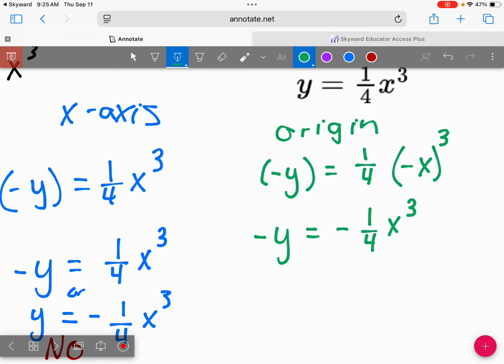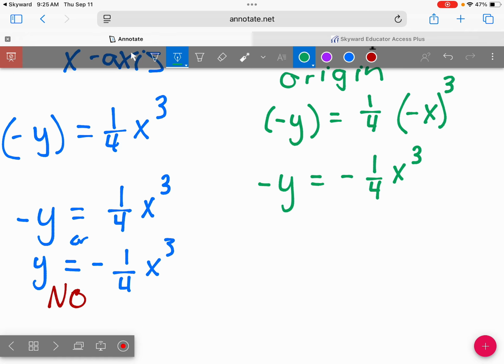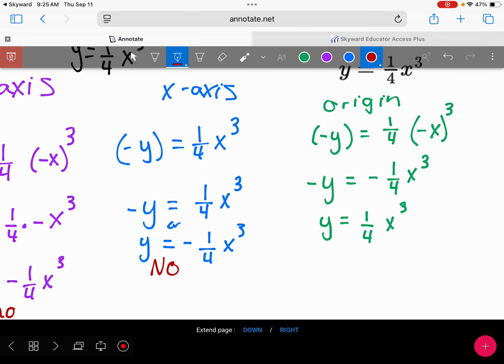What do we notice? They're both multiplied by -1. So if I get this back to a y equals, what do we get? 1/4 x cubed. Does that match what we started with? Yes. So this one has origin symmetry.